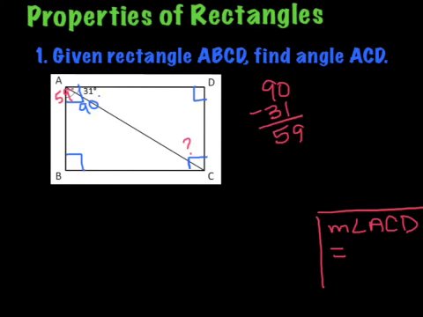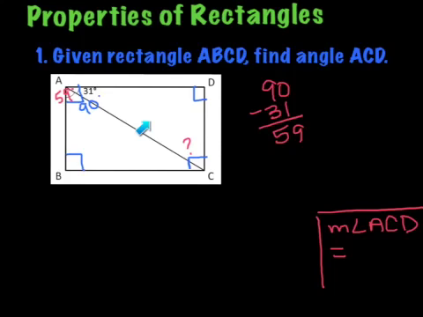Okay, so there's a few different ways you could actually get the angle that we want. You could look at this triangle. You have a 31-degree angle, a 90-degree angle, and then your missing angle. Well, we know that all 3 of those, because it's a triangle, have to total 180. That's one way.